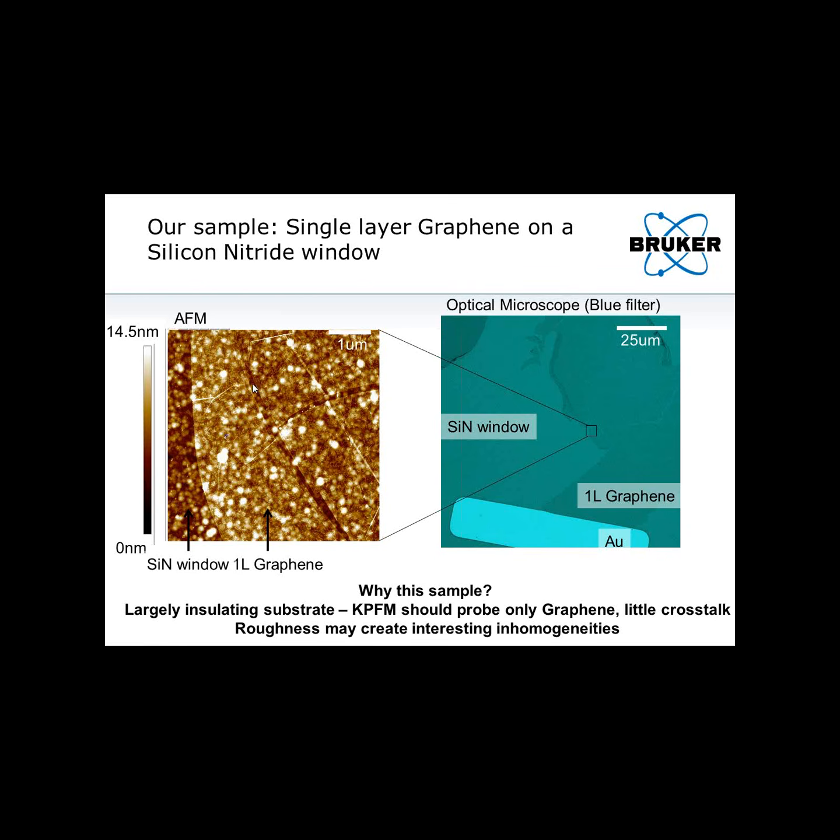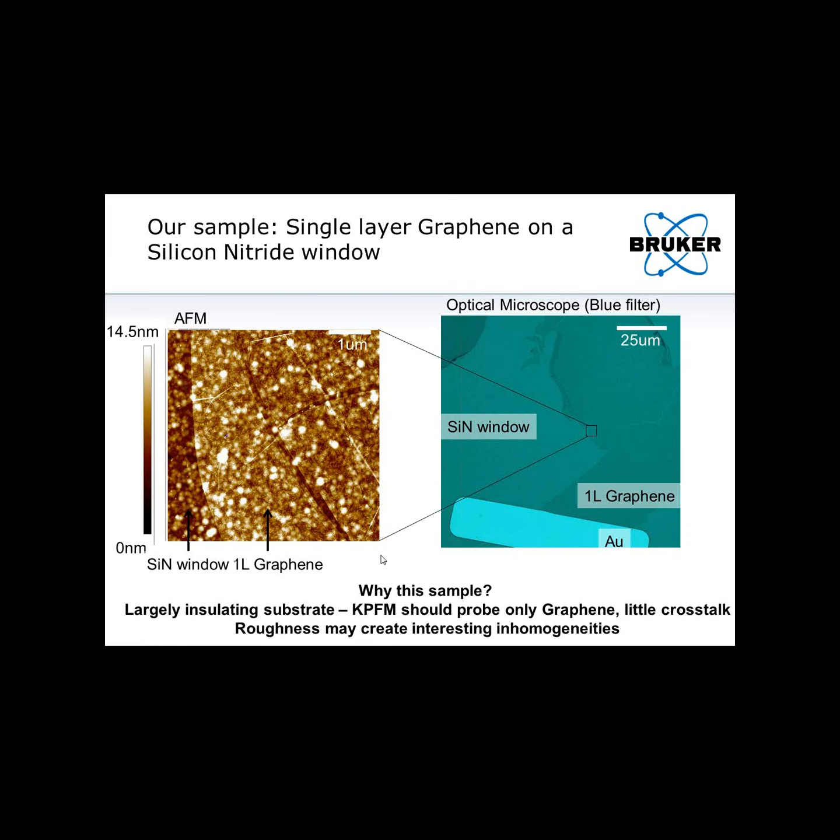For instance, there's this scratch through the graphene, and also this very thin rod of some sort that is either underneath or on top of the graphene. It's hard to tell. And over here is the silicon nitride window substrate.